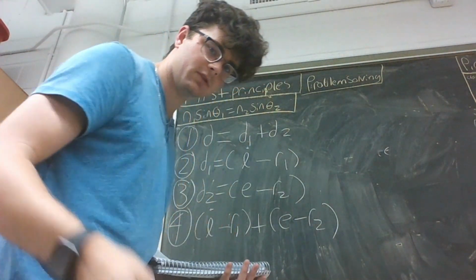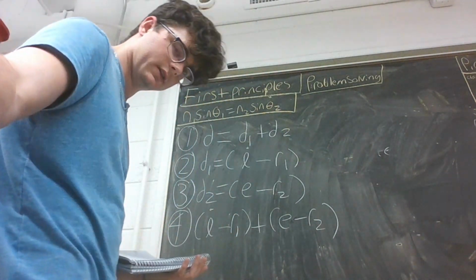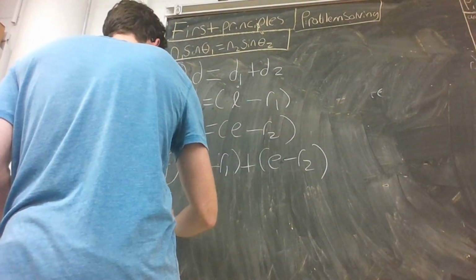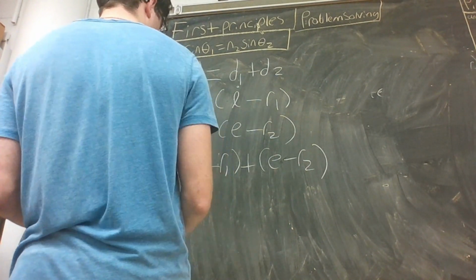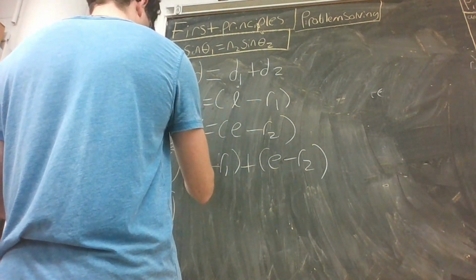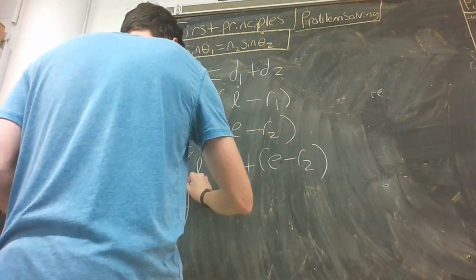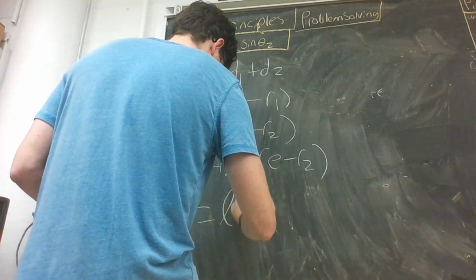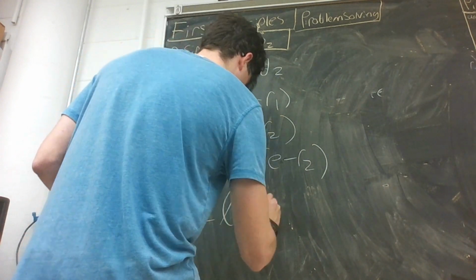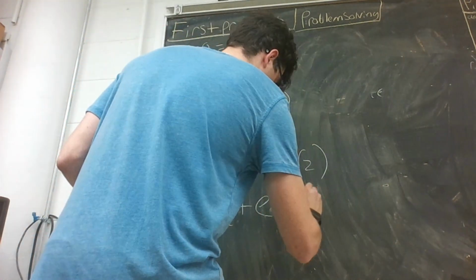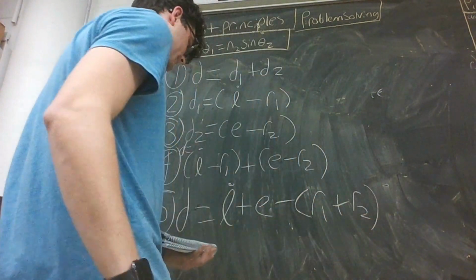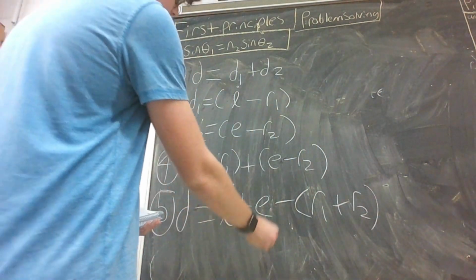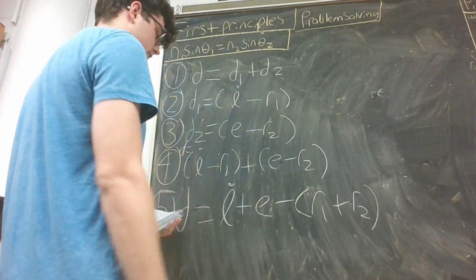Next, I'm going to do a little bit of factoring with the negative signs. This D is equal to I plus E minus R1 plus R2. Remember, I did some factoring to get out the negative there.